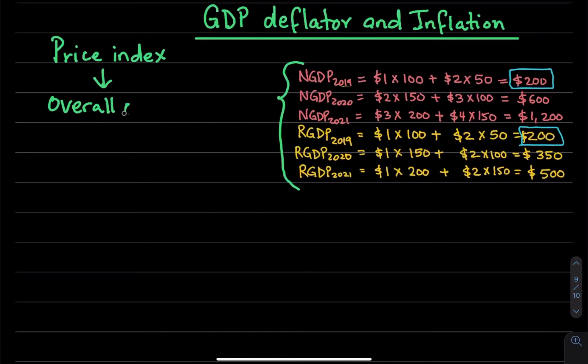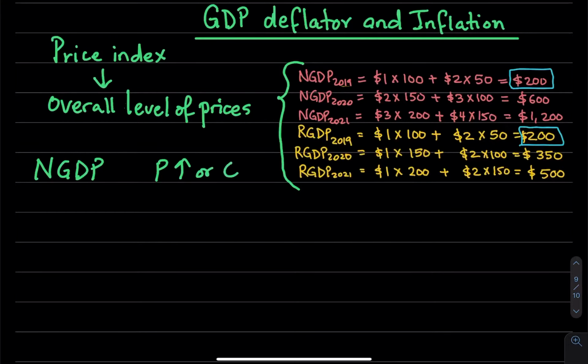What we already know is that nominal GDP can be higher from one year to the next if prices are going up, or if quantities of masks and sanitizers that we produce are going up, or both.